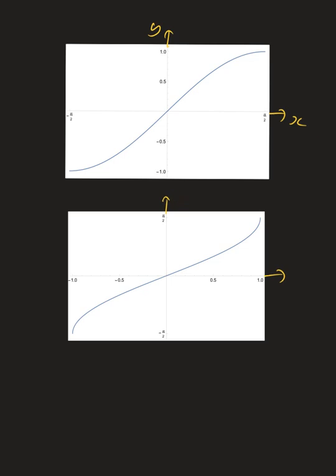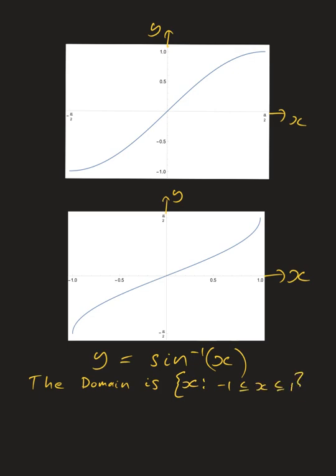So that means x here and y here. So that is y is equal to inverse sine of x. The domain of inverse sine is between -1 and 1, and the range is between -π/2 and π/2. And that is the inverse sine function.